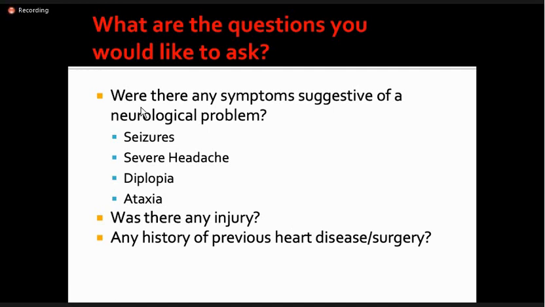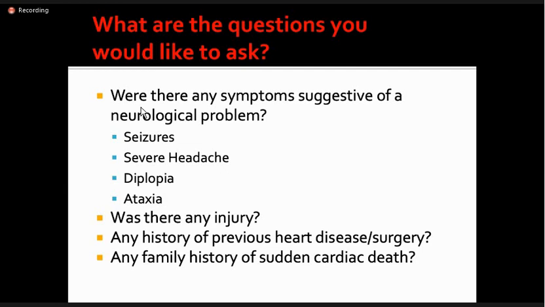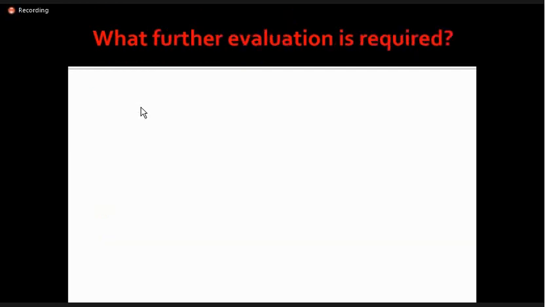Okay, so we've covered everything now in terms of the history, everything that we would like to ask about. So what further evaluation is required? Now you've done history taking. Next, you have to move on to physical examination. Okay, so in physical examination, it's the routine cardiovascular examination that you would do, looking specifically for left ventricular outflow tract murmurs perhaps.